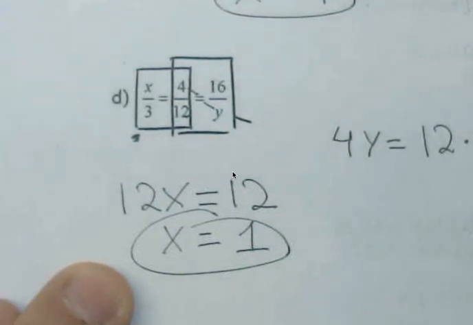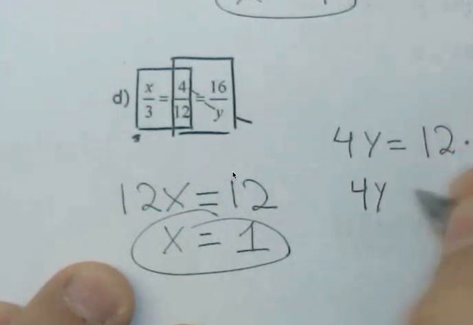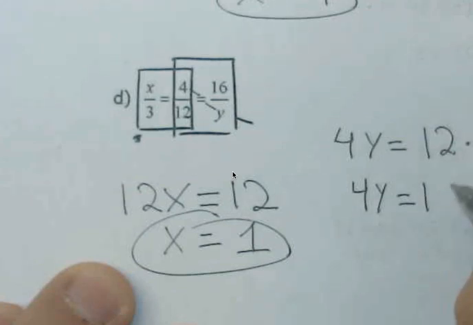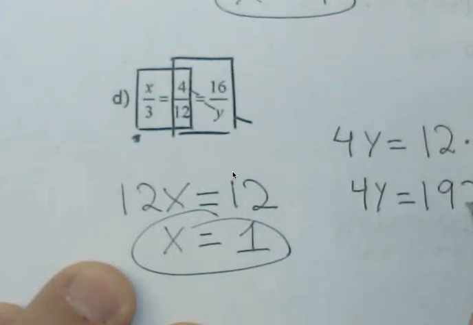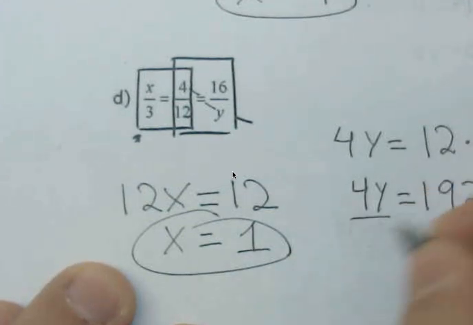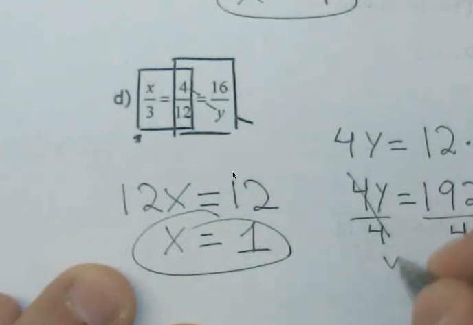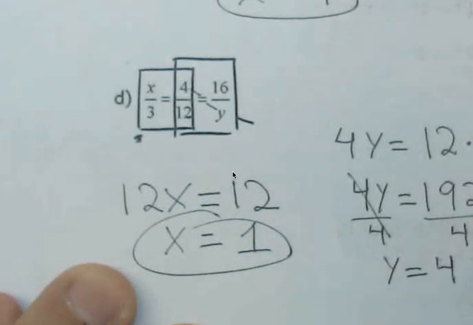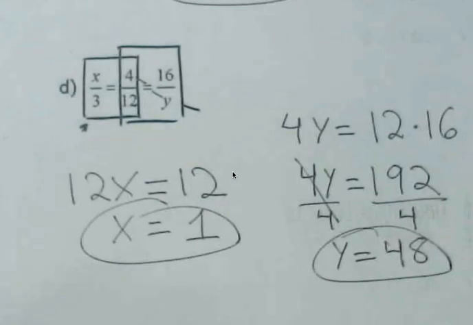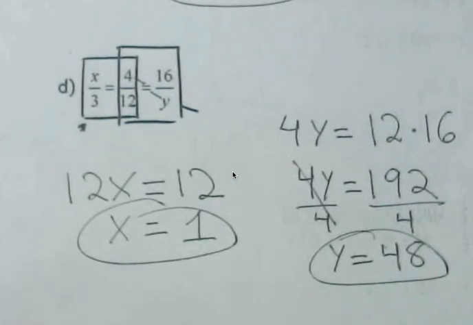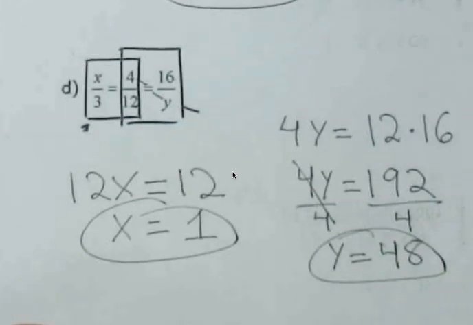So what's that going to be? 192? Is that right? If we divide both sides by 4, 4's can cancel. This is going to claim that y is equal to 48. Feeling great at 48. I hope I am. Nothing too tricky here.